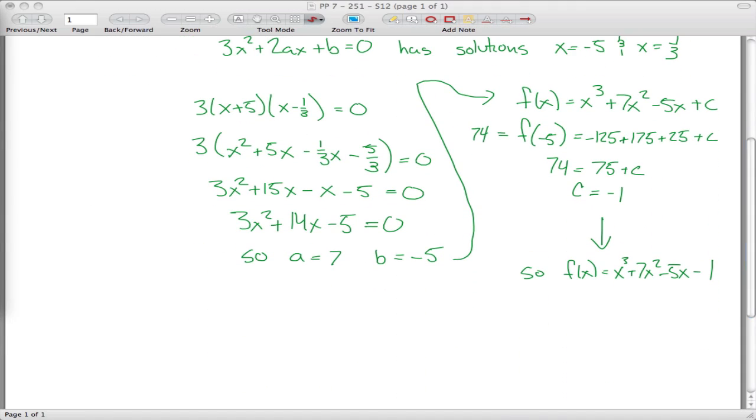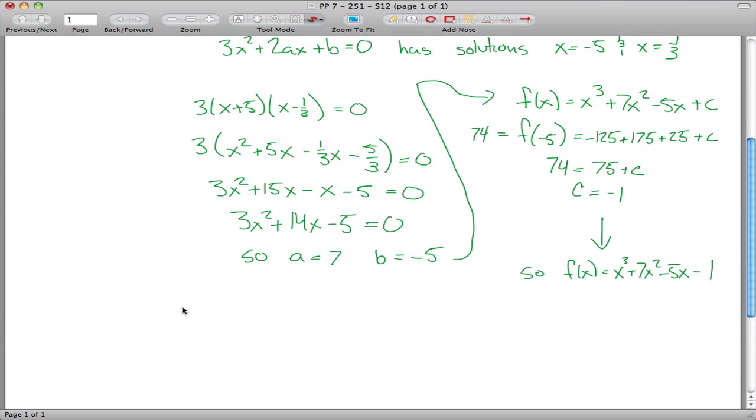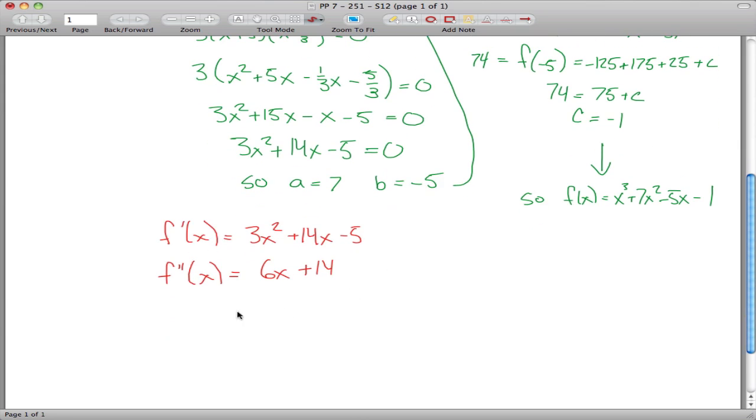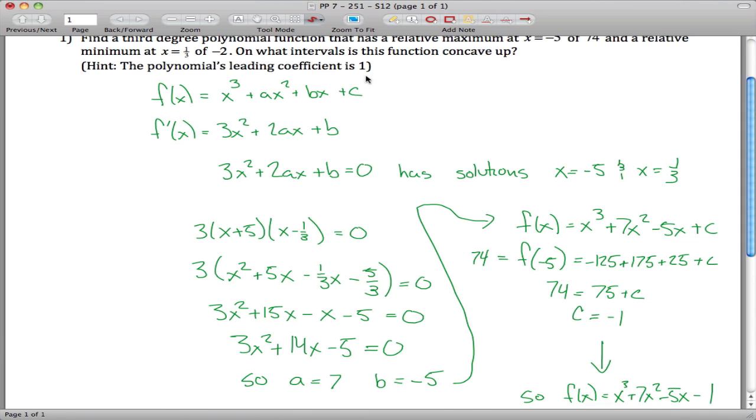Okay, to figure out stuff about concave up, we want to take the second derivative. F prime of x is 3x squared plus 14x minus 5. F double prime of x is 6x plus 14. 6x plus 14 is greater than 0 when this function is concave up.